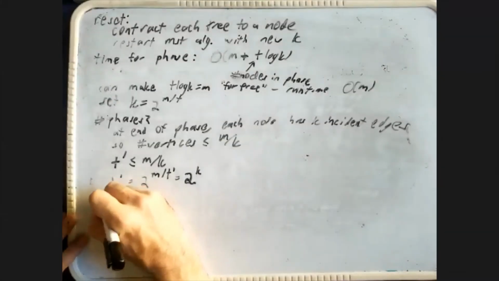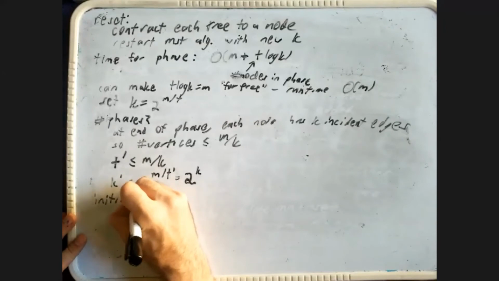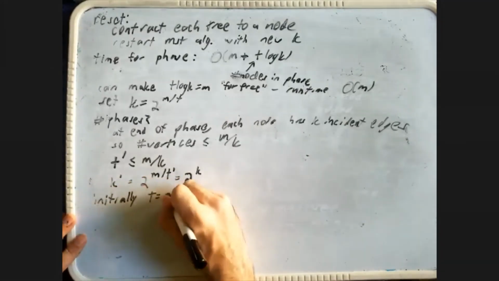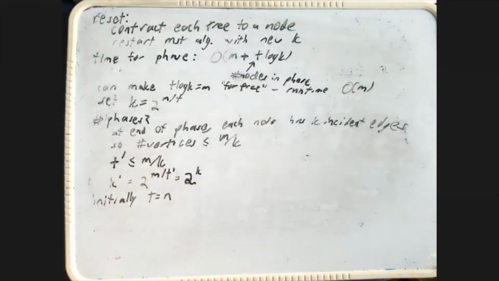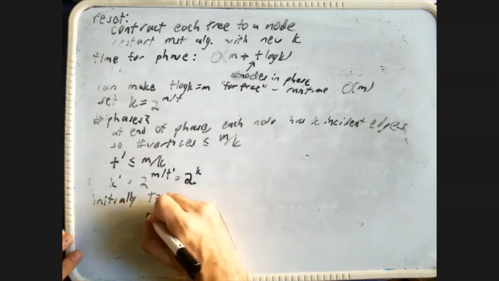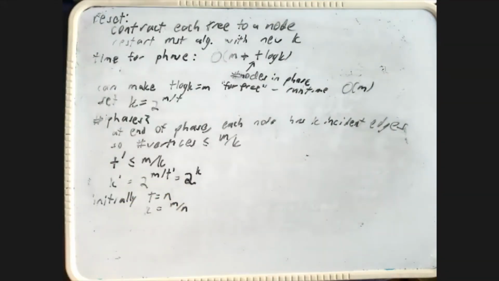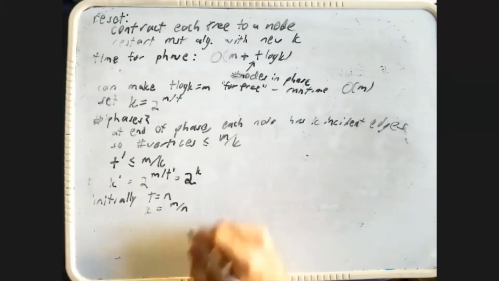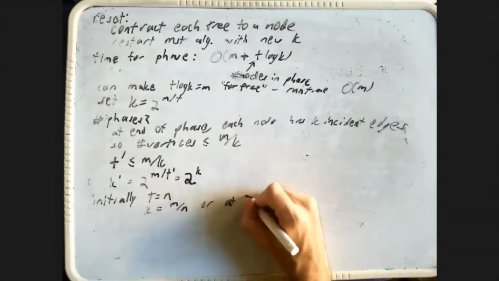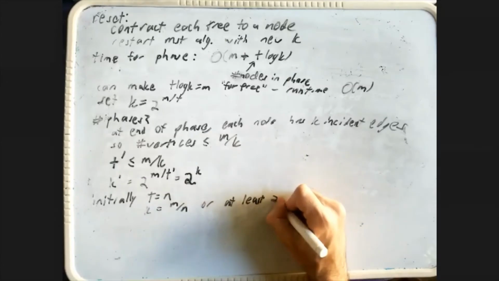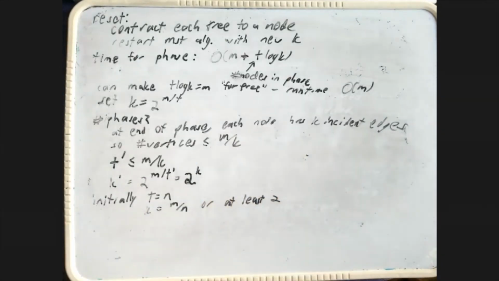Now, initially, the first t is equal to m, and so we're going to take k equal to m over n. Or let's say at least 2, just so that we don't start with a crazy tiny number.